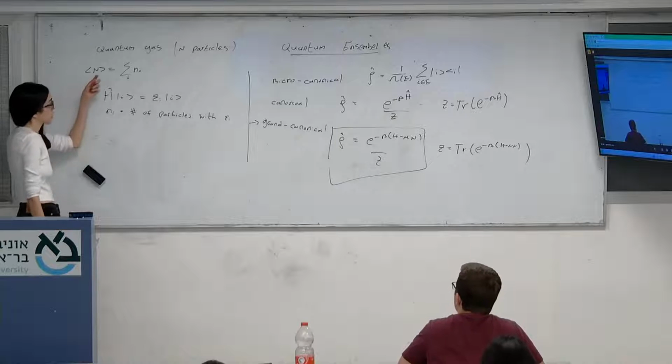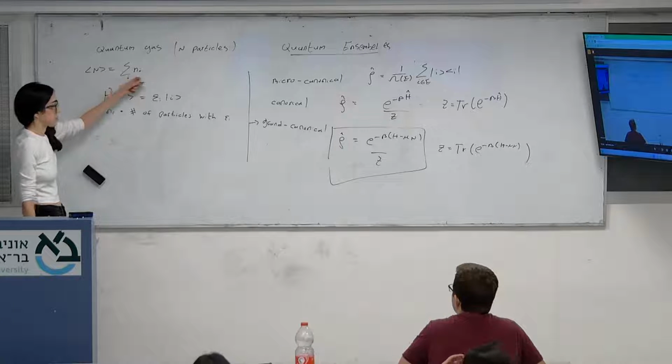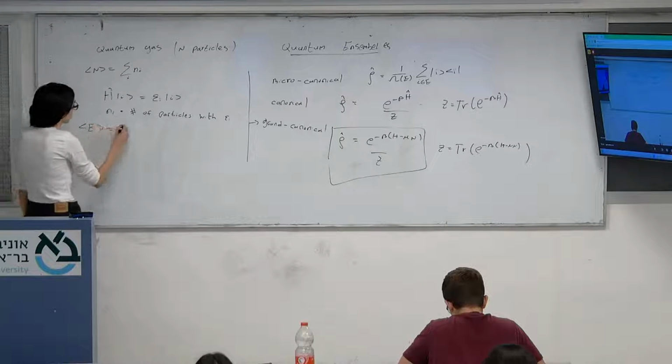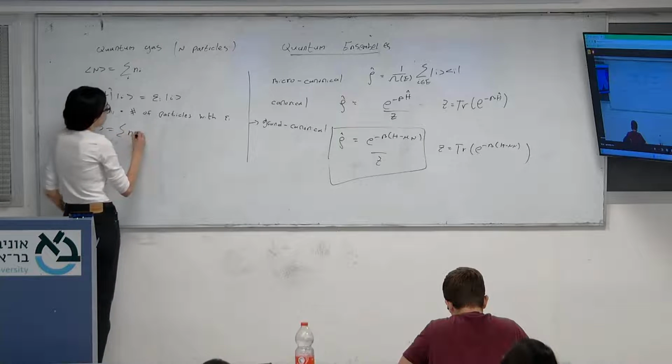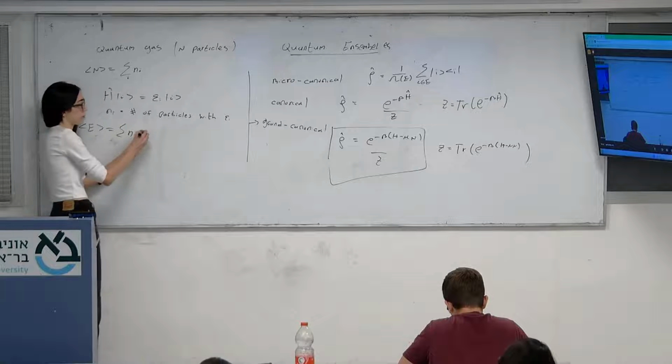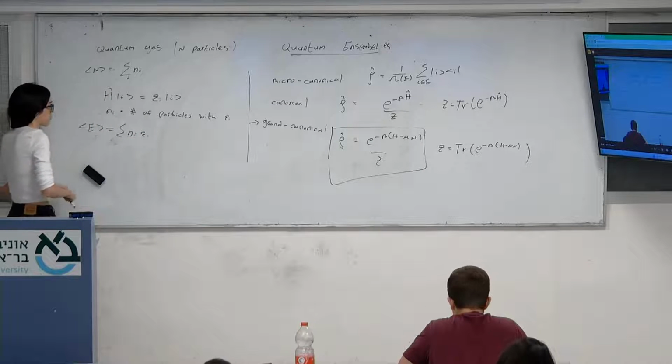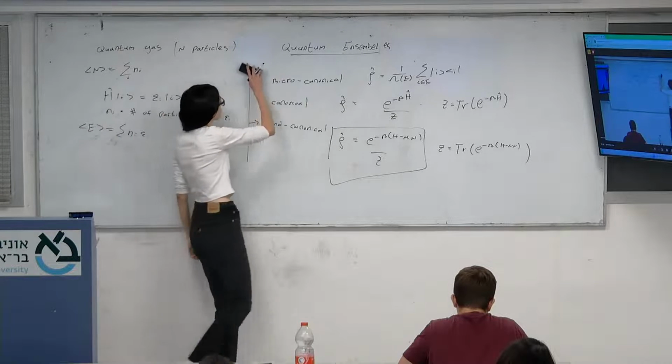So the average number of particles is given by the sum over all of the occupation numbers, and the average energy is given by the number of particles in the energy level multiplied by the energy level. So this is like a classical average.